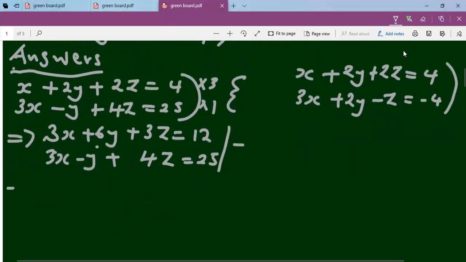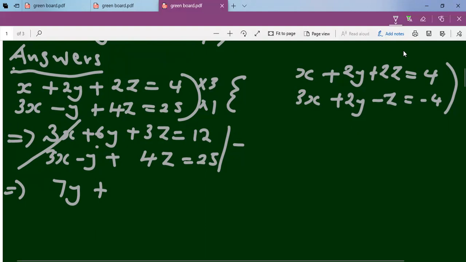So this implies that the 3x will cancel. Let's take note.